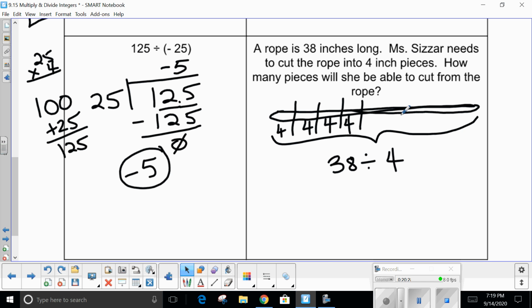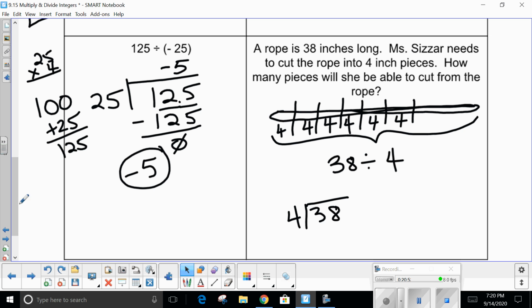We have 38 inches total in the rope. Each piece is 4 inches long. So if we divide by 4, that's going to tell us how many total pieces she can get from the rope. So 38 divided by 4. 4 goes into 3? Nope. 4 goes into 38.